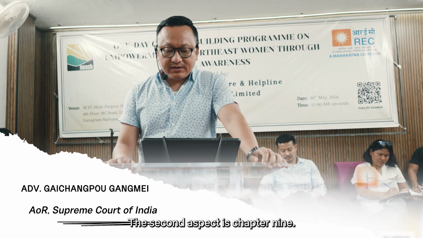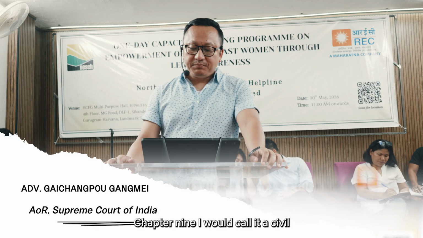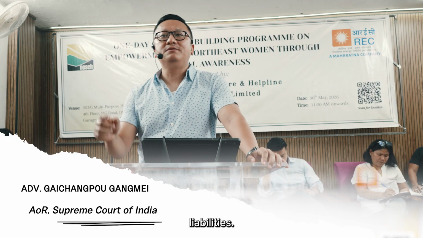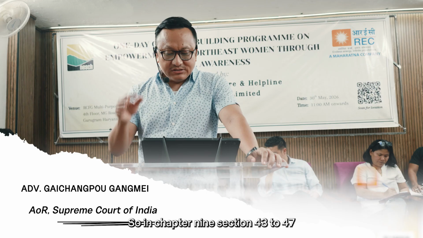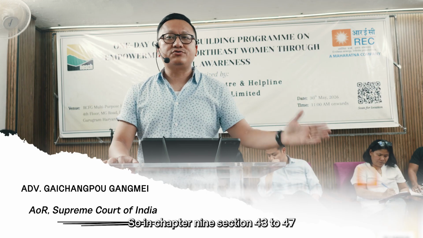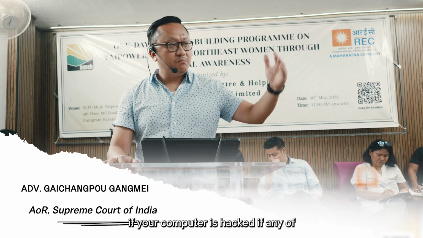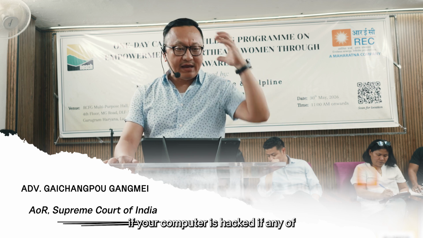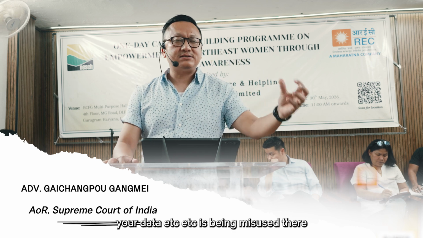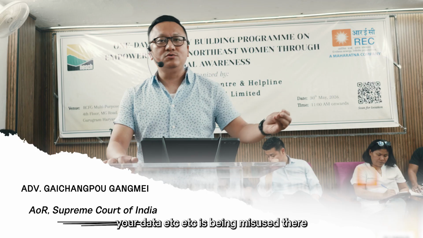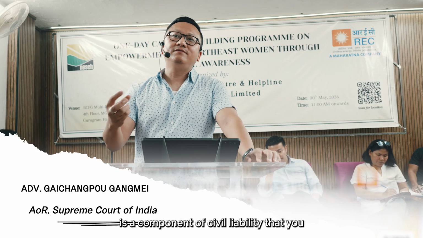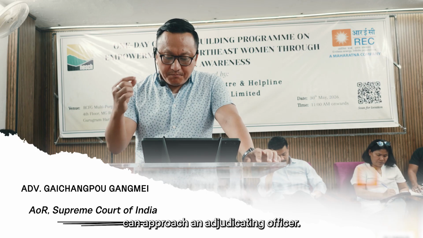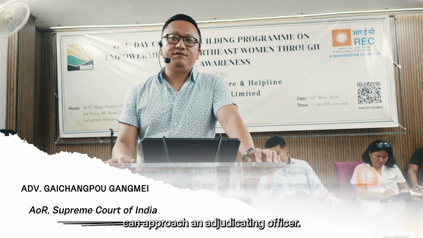The second aspect is chapter 9. Chapter 9, I would call civil liabilities. So in chapter 9, section 43 to 47, if your computer is hacked, if any of your data is being misused, there is a component of civil liability where you can approach an adjudicating officer.